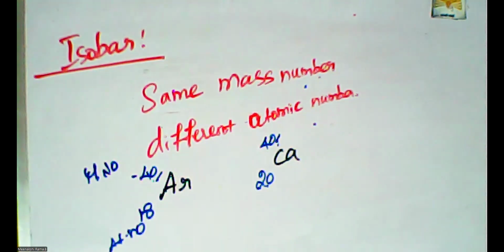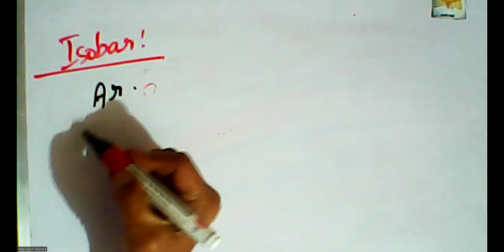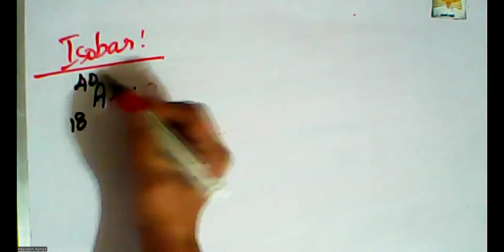Okay, how is it possible? Already we studied that the electrons are around the nucleus, and the center part contains protons and neutrons, which is called the nucleus. In argon, the atomic number is 18 and the mass number is 40.